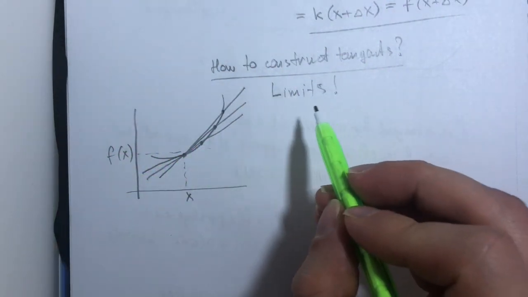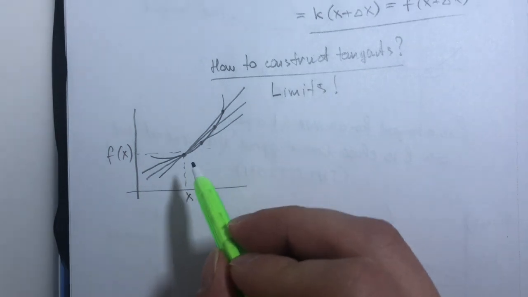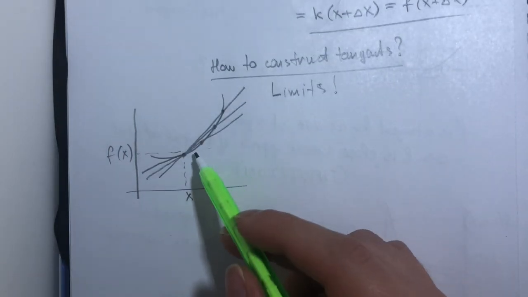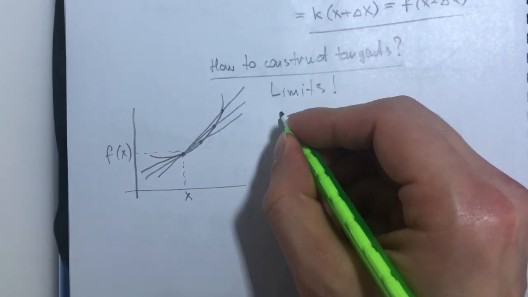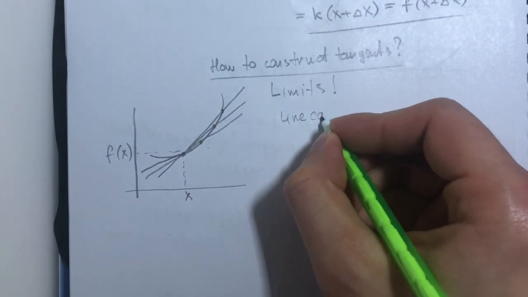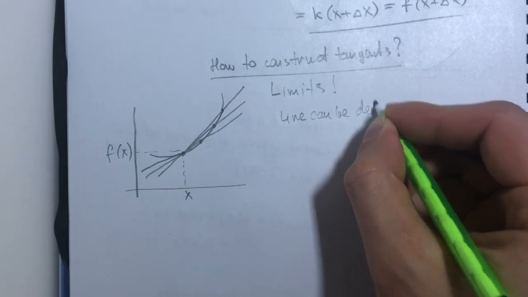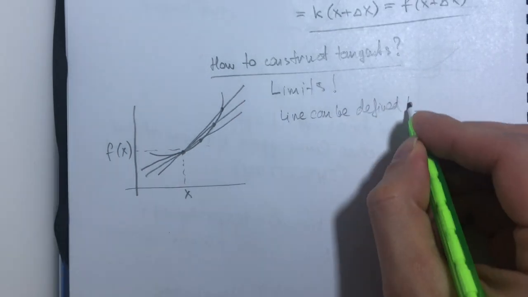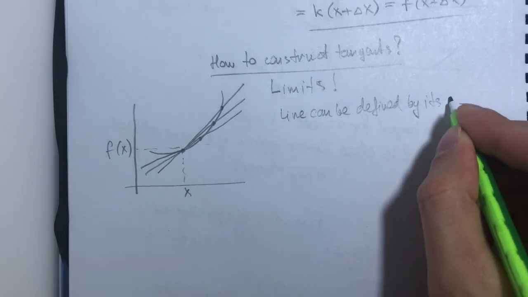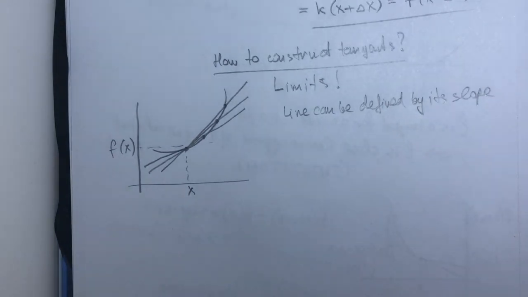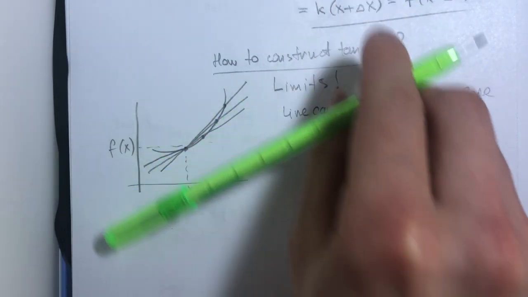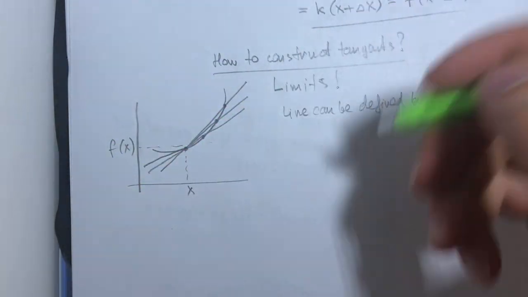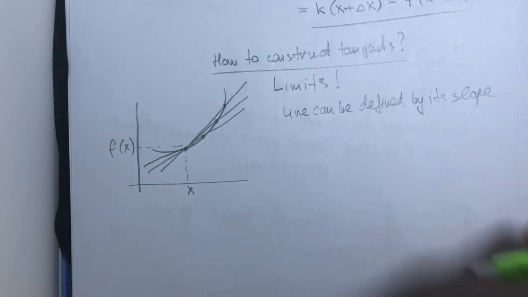So the concept of a limit allows us to do it. So what characterizes a line? A line is characterized by a slope. So a line can be defined by its slope. And since we know that we begin at this point, x, f of x, we can figure out the constant component in our line equation.